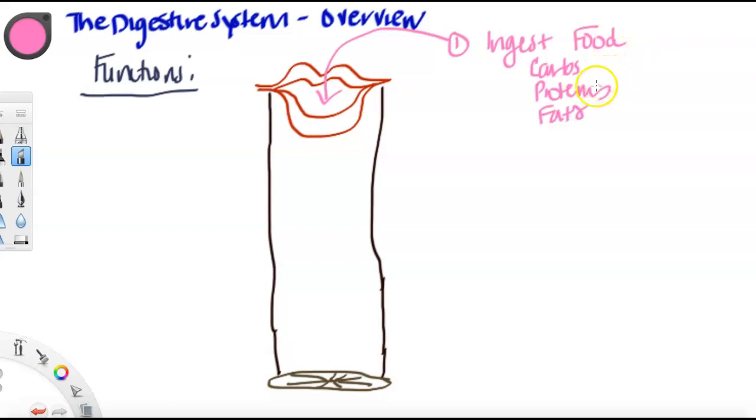They're big. So when we take them in, they have to be broken down into smaller things for the body to be able to do anything with them. So we bring in these big pieces of food, and then we have to break them down into smaller pieces. Okay? We call that digestion.